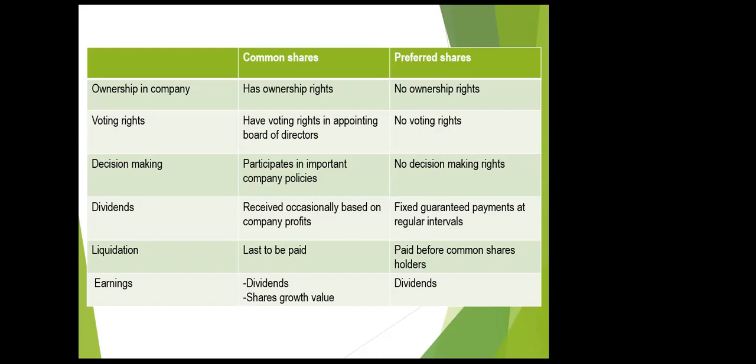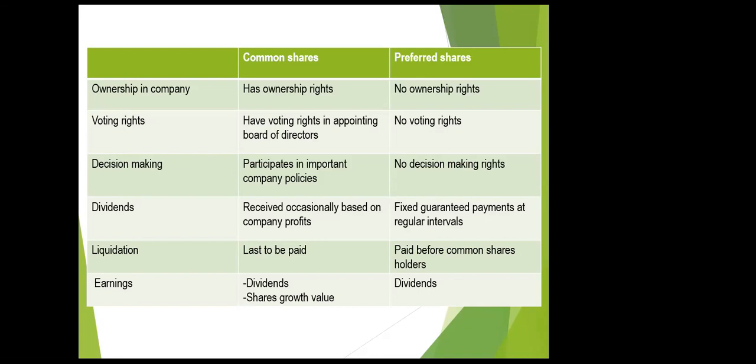Then when it comes to receiving dividends, remember you are running a business, and if you are registered on the stock markets, you'll be obliged to pay dividends, depending on the kind of shares that you're offloading.